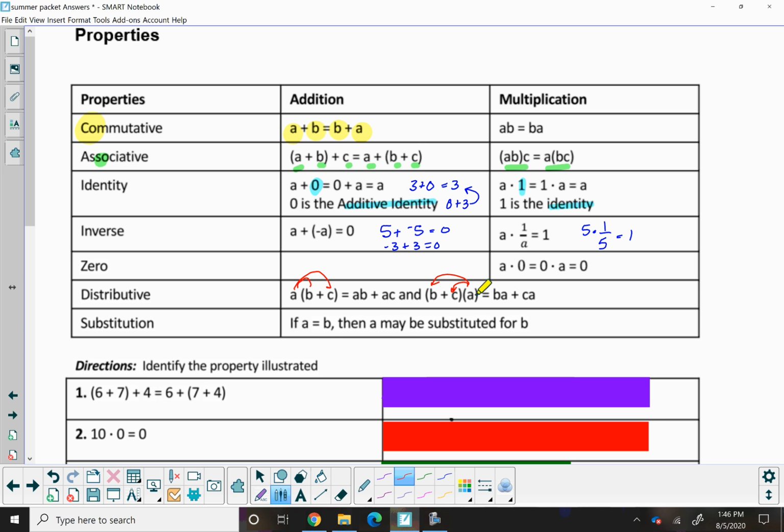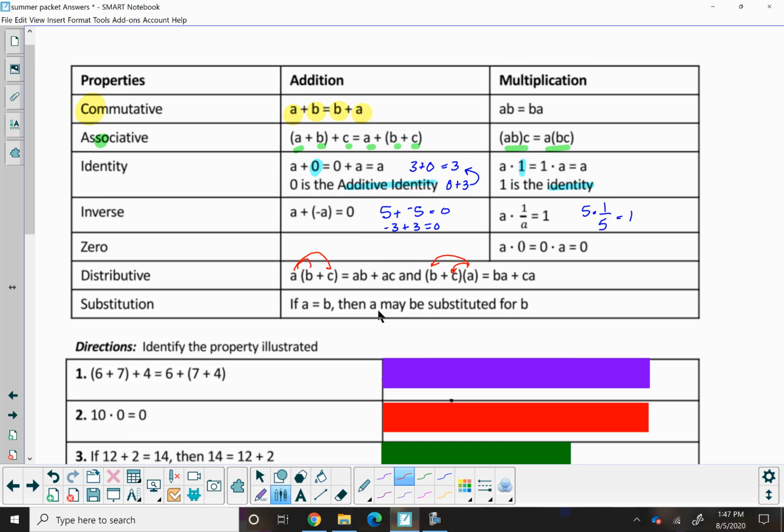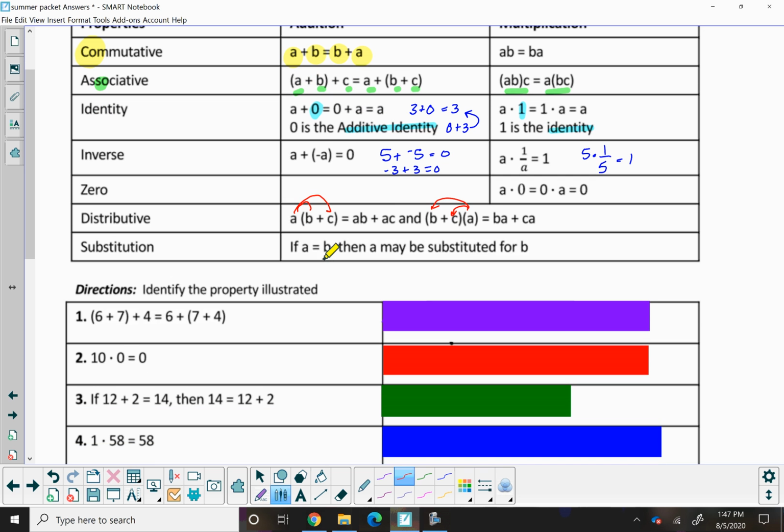Make sure you distribute it to both variables inside. Okay, substitution means if A equals B, then A may be substituted for B. Okay, so let's go through the properties.